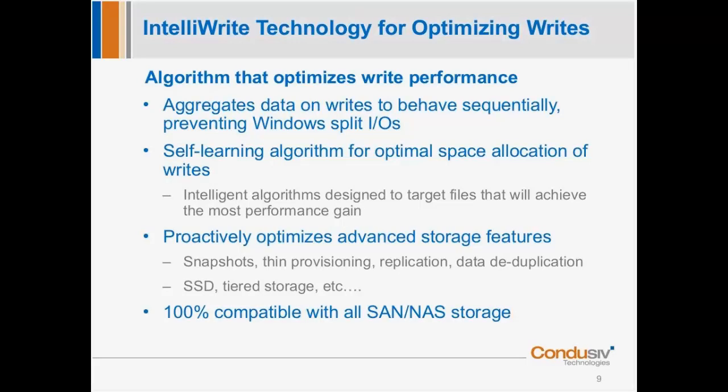Therefore, this eliminates any compatibility issues with advanced storage features such as snapshots, thin provisioning, data deduplication or replication, SSDs, and even tiered storage. In fact, we enhance these advanced storage features by eliminating all the extra and unnecessary I/O traffic that Windows typically generates, so they can focus on how to best handle the I/O traffic that they do receive.